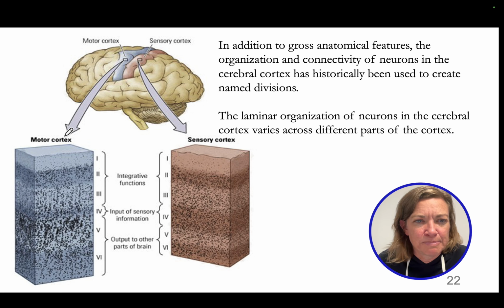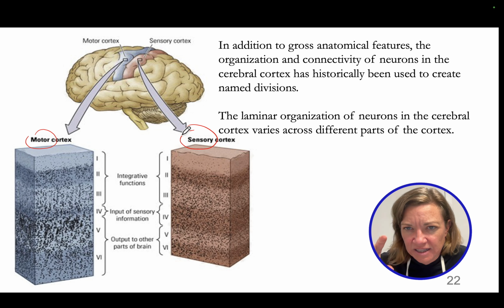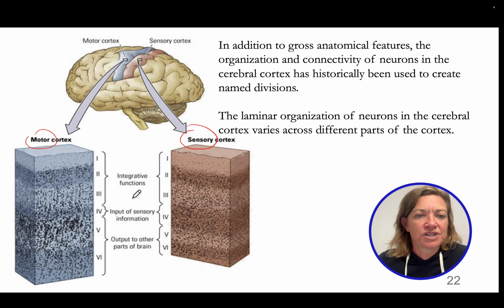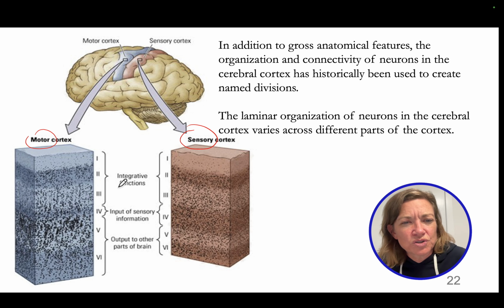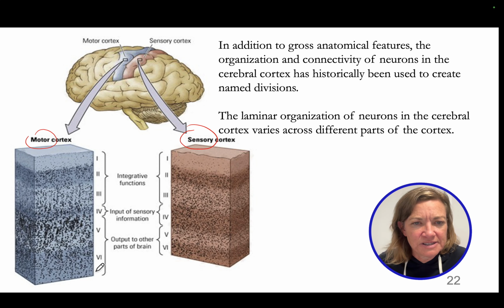So here you see side by side a column of motor cortex and a column of sensory cortex, sort of a rectangle in depth dug out of the cortex. And you can see that the layers are sort of the same, with the same functions preserved. Both have 6 layers. What's different is the relative thickness and density of neurons and dendrites in each layer.